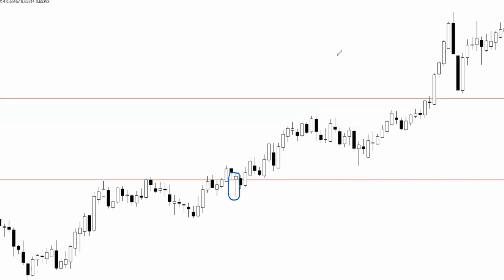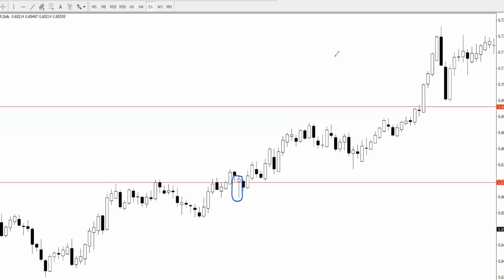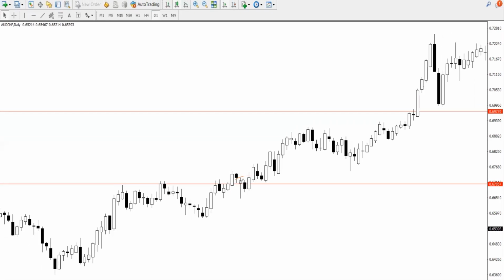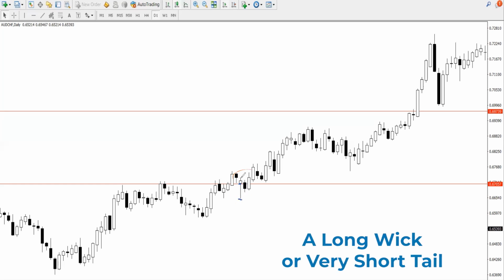So the reverse pin bar is clearly identified by having a very long wick and a very short tail.